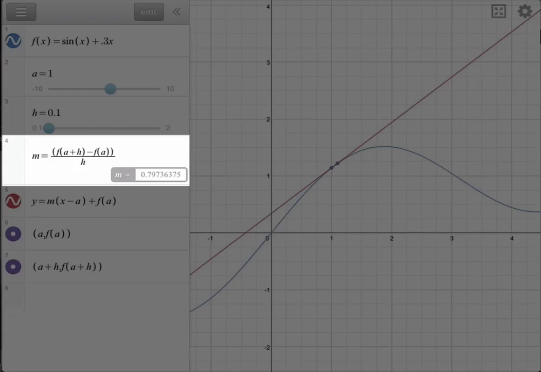So we can see here in number 4 that that is our f of a plus h minus f of a over h. And in your notes, it's f of c plus delta x minus f of c over delta x.